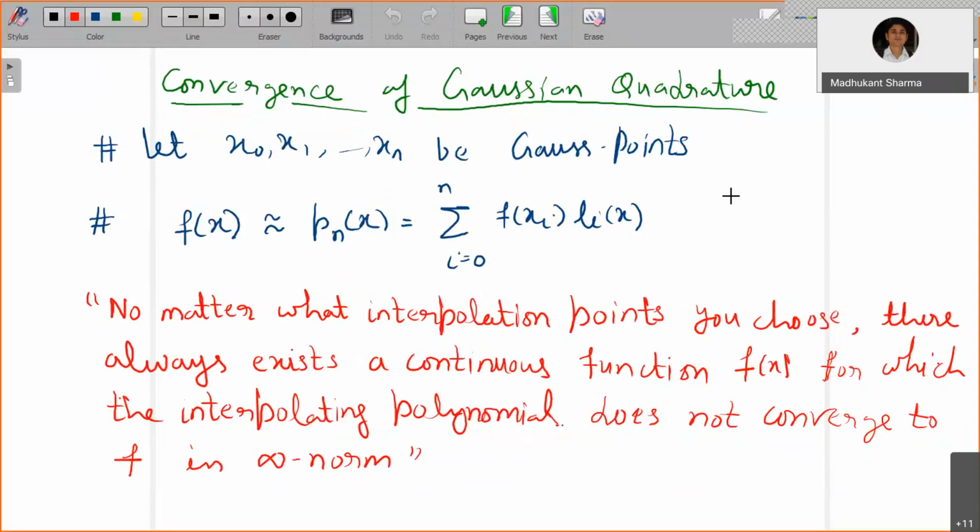So this is what I have told now: convergence of Gaussian quadrature. Let x0, x1, x2, up to xn be the Gauss points, and f of x is approximated by the interpolating polynomial which interpolates f at these Gauss points. We have considered the Lagrange form. As I stated, no matter what interpolation points you choose, there always exists a continuous function f for which the interpolating polynomial does not converge to f in maximum norm.